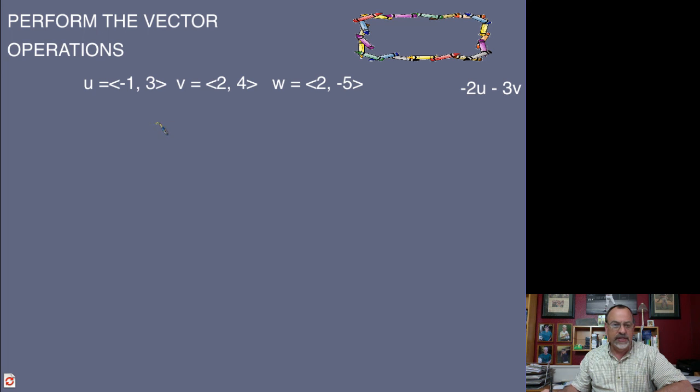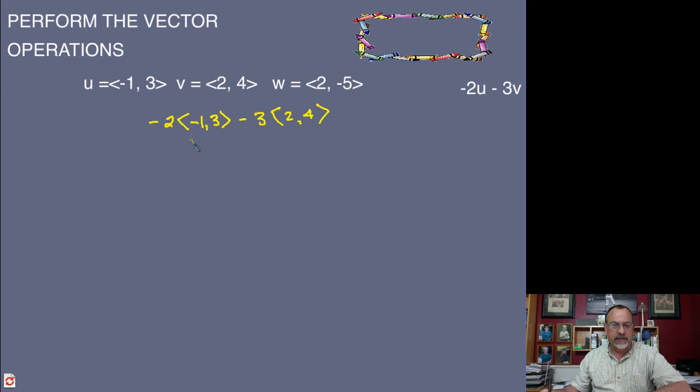So I'm going to take -2 times the u vector, so that's the components -1 and 3, and then minus 3 times the v components of 2, 4, and I'm going to treat these vector symbols much like I would parentheses and just distribute these, because in essence when we're working with a scalar, that's what we're doing.